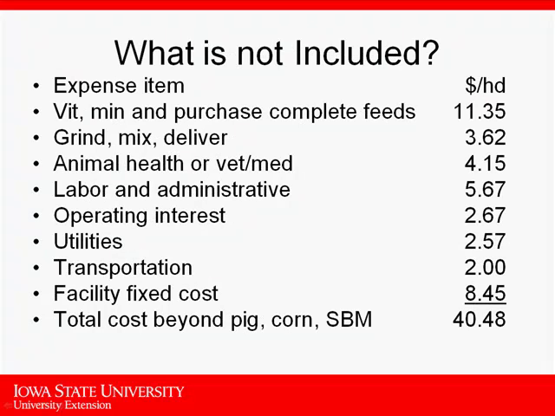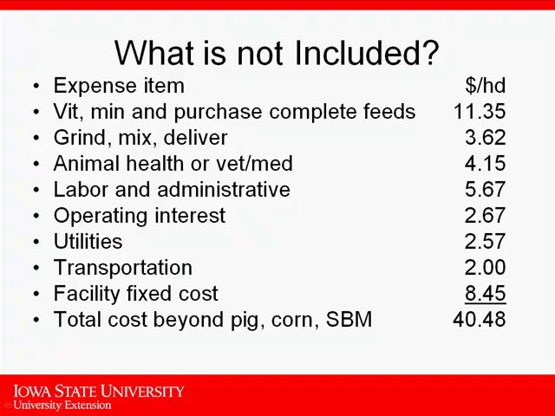So what's not included in my margin? Well, everything else. On our estimated return series, another profit estimate we do every month, we've got these other costs that are not included in what I just showed you. So I've got vitamins, minerals, the purchase of complete feed like pig starters and so on. It's about $11.35.